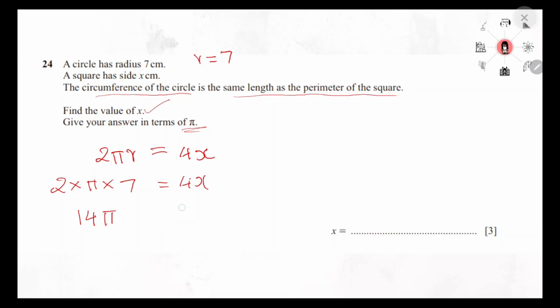Now to find x, we'll have to bring 4 to the other side, making it 14 by 4 pi, which equals x. And if we simplify this, we'll get 7 by 2 pi equals x. Thus the answer is 7 by 2 pi.